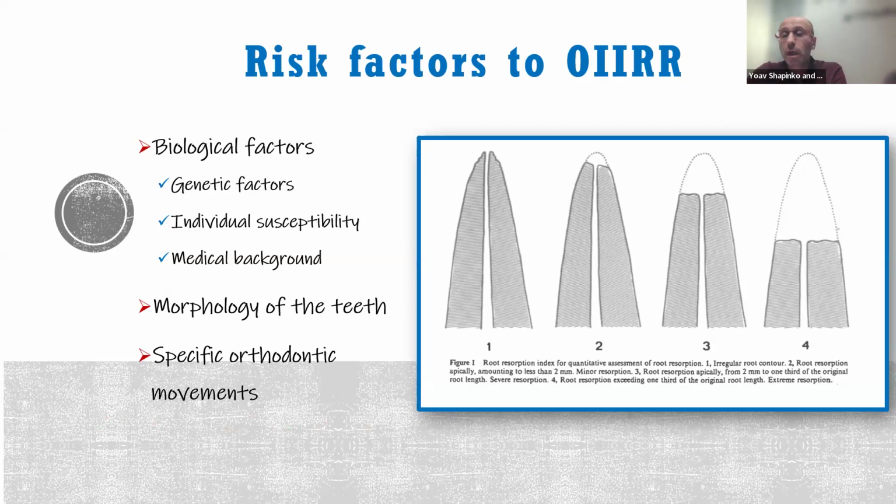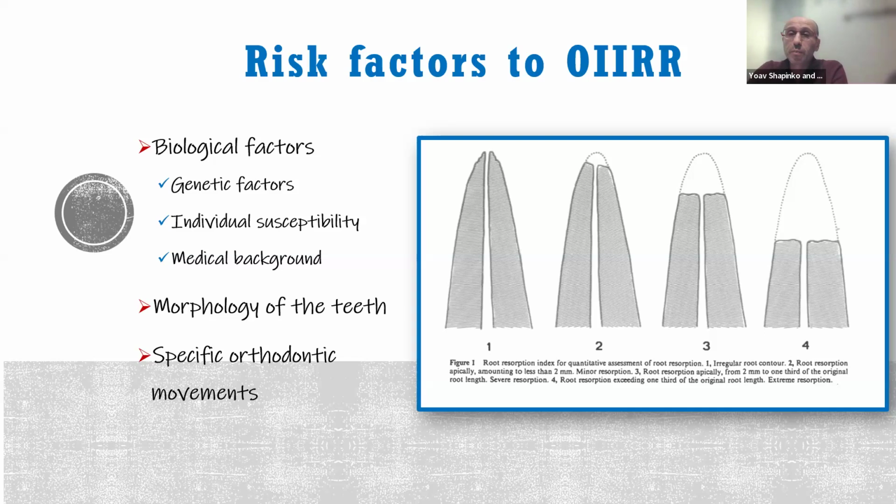Several diseases, especially those based on autoimmune processes, carry a much higher susceptibility to this kind of resorption. The second important risk factor is the specific morphology of the teeth. Teeth, especially incisors, with elongated or abnormal roots, or bayonet-shaped roots, also have a much higher risk of orthodontically induced root resorption.